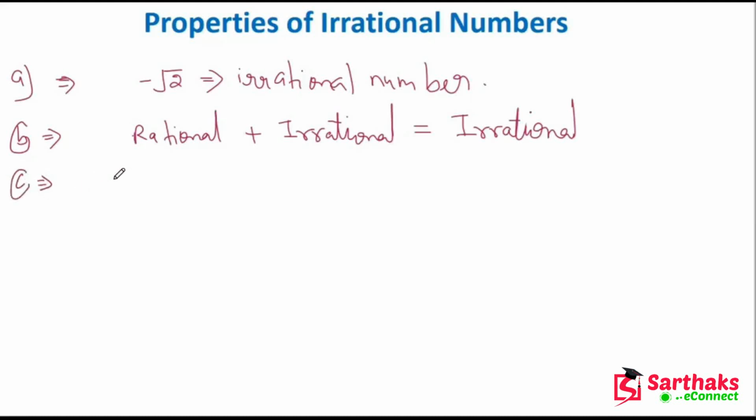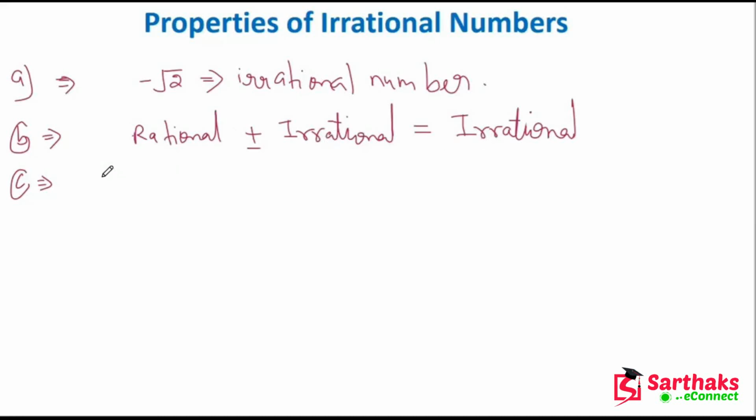Next property is that the product of a non-zero rational number with an irrational number is always an irrational number. Here again, you can see if we add or subtract rational and irrational numbers, we always get an irrational number.